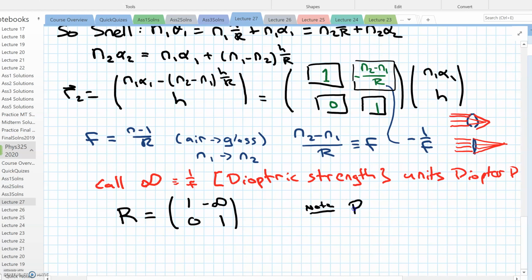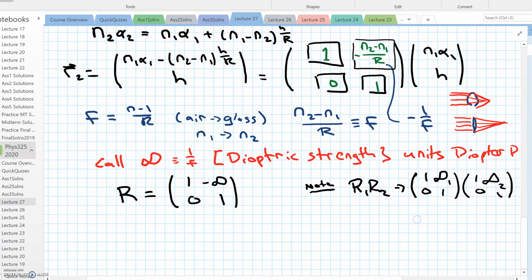If we have two refractions, two curved surfaces right next to one another, what do we get? Performing that matrix multiplication, we get negative d2 minus d1. What we find is that dioptric strengths add.